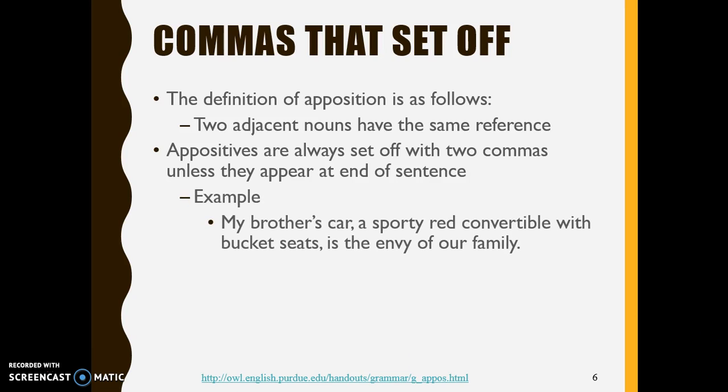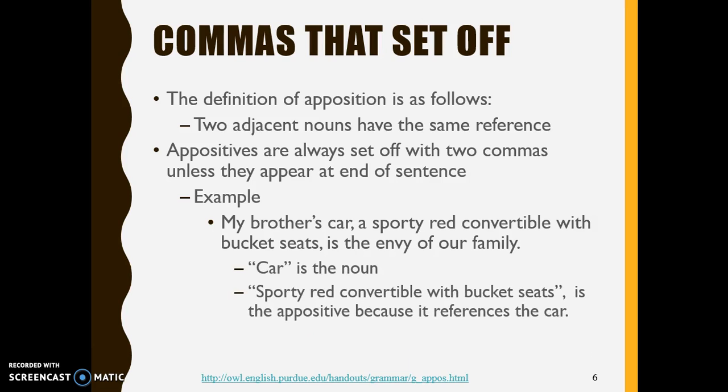The example I'm giving you is this sentence here: My brother's car, a sporty red convertible with bucket seats, is the envy of our family. Now the car is the noun, and the sporty red convertible with bucket seats is going to be our appositive. It is an appositive because it is referencing the car.